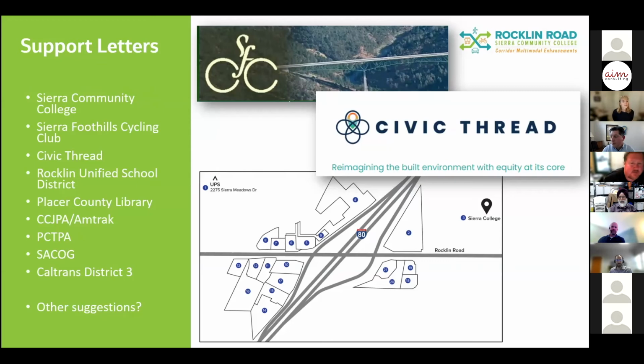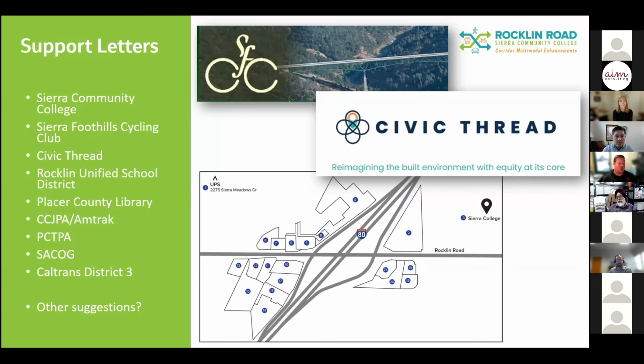As part of the process for identifying funding, we've been meeting with other constituents and getting support. Just this week, we met with Sierra Community College, and we're going to be getting a support letter from them for our grant applications. We've also been working with our partner agencies such as PCTPA and SACOG and CCJPA, which is Capital Corridor, or the Amtrak station.